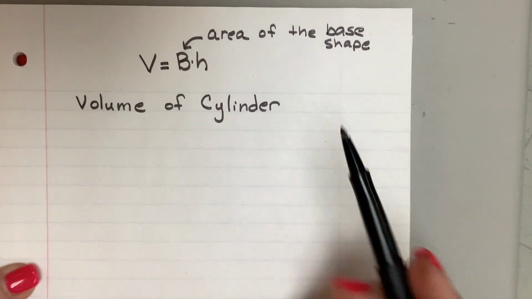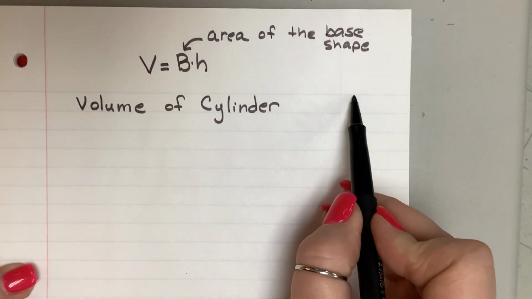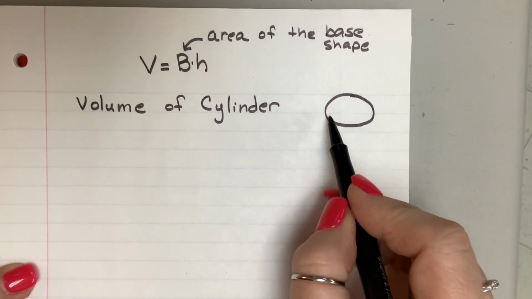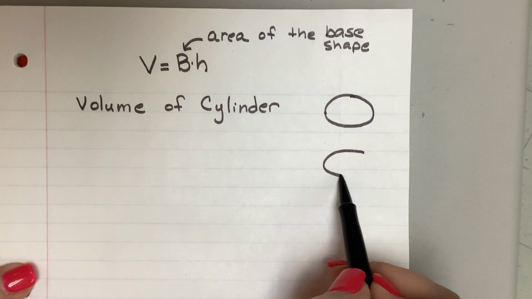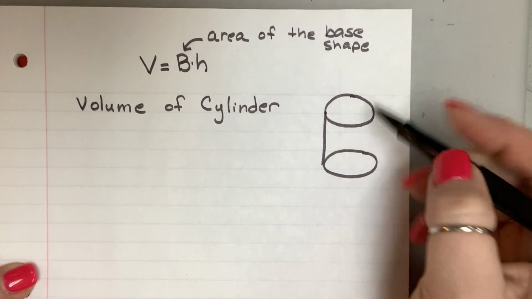Okay? So if I look at a cylinder, we know that a cylinder is composed of two circles, and then our lateral part of it is a rectangle.